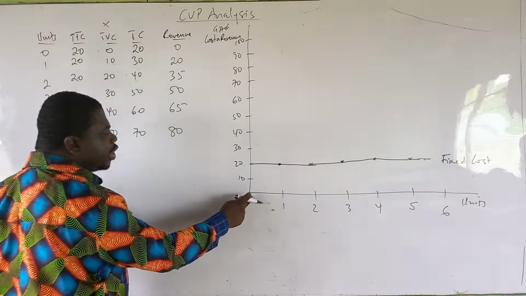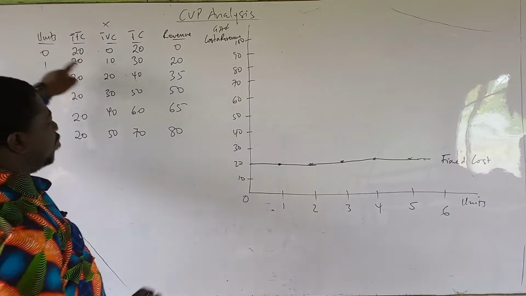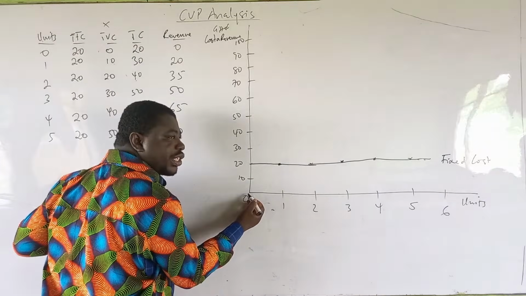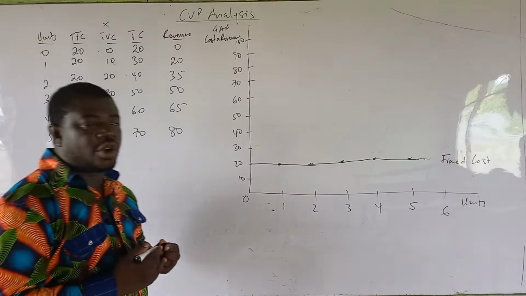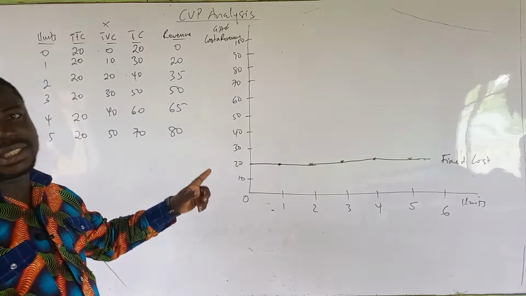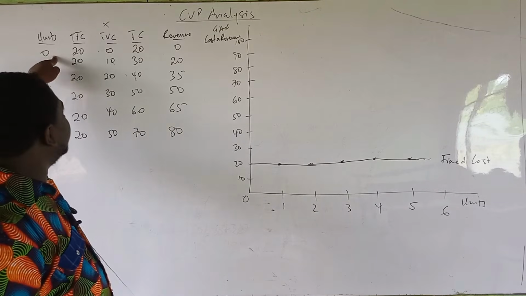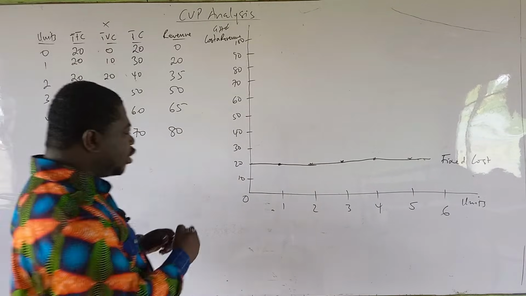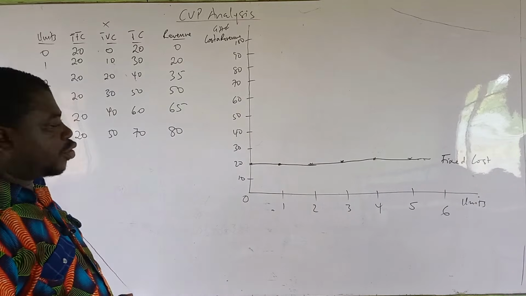If it was a variable cost, it would have been 0, 0. It will all begin from the origin. Many of us have been drawing the sketch with the cost behavior, but we don't really understand why they move the way they move. So at unit 0, total cost is 20, and it begins at the same point where fixed cost began.